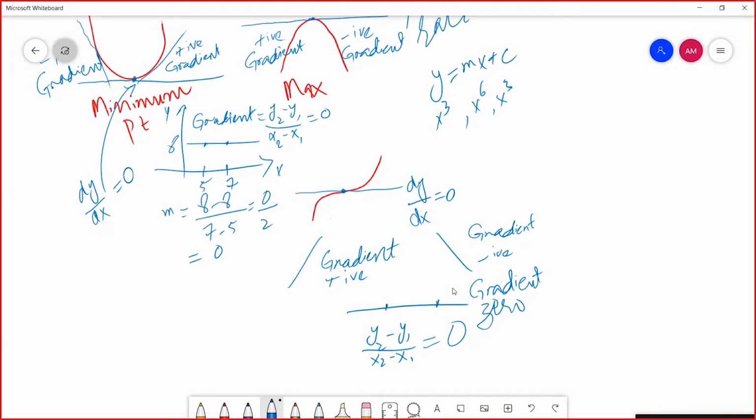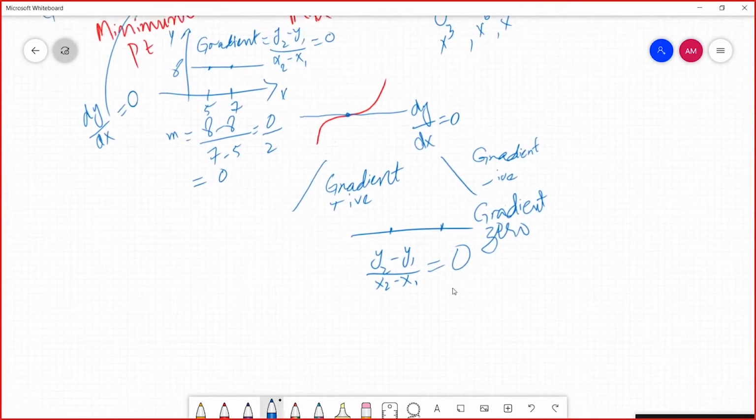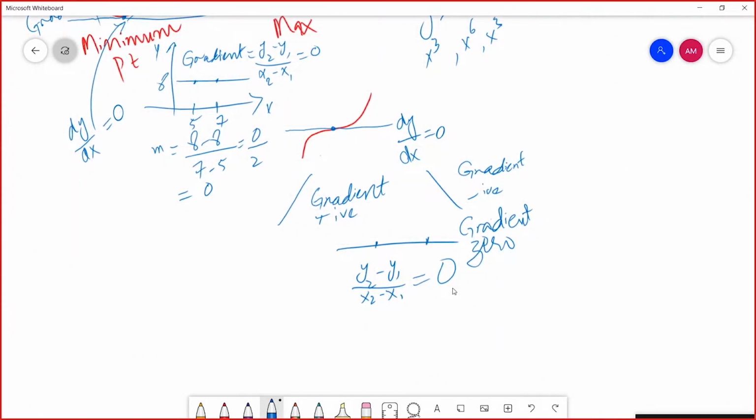Look at here also. If we have a point like this, it is called a horizontal inflection. So I would write it again. This is called horizontal inflection.